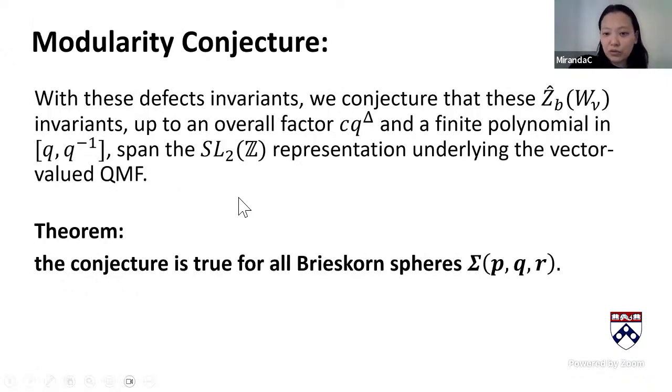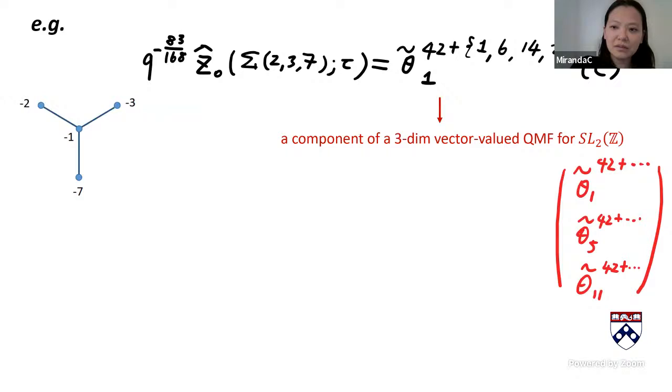And then you could prove this conjecture for all Brieskorn spheres labeled by 3 coprime integers that I mentioned before. And then you could also prove similar things using surgery instead.